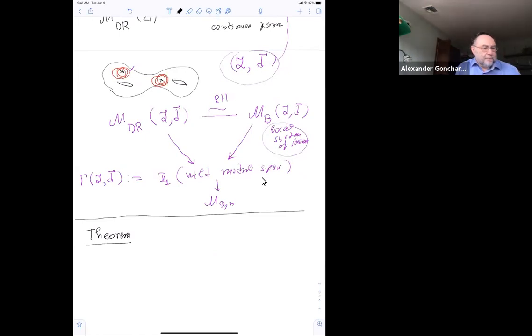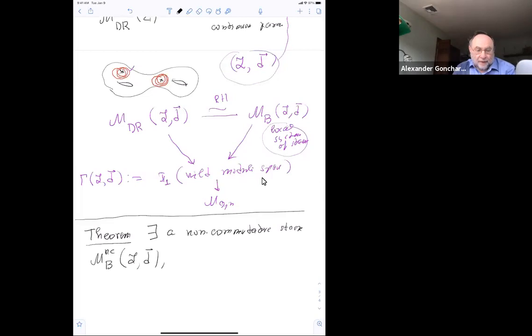Okay, so the theorem is the following, that first of all, there exists a non-commutative moduli space, that's called a stack, which we can call M Betti non-commutative, which depends on this discrete data somehow.